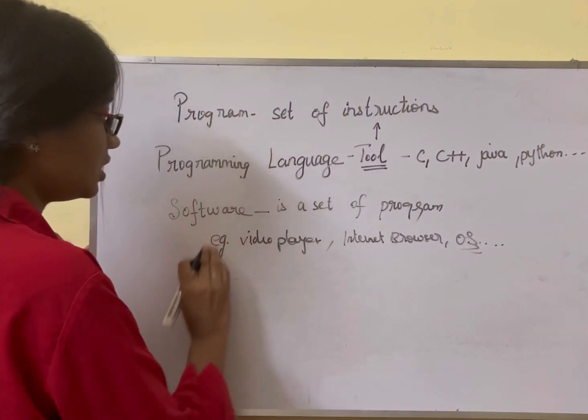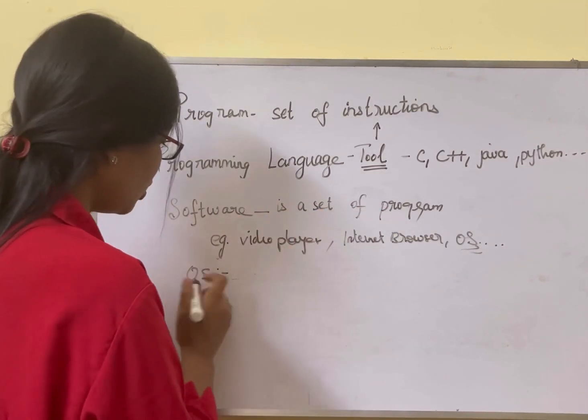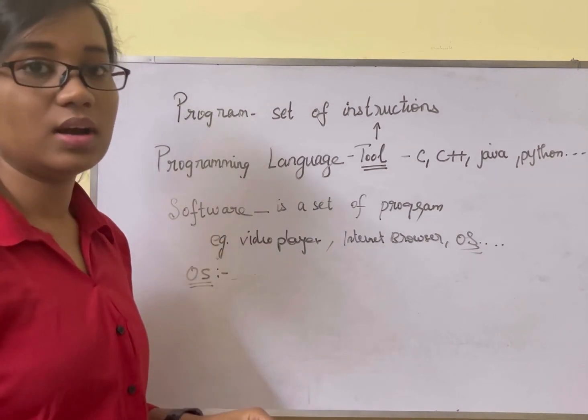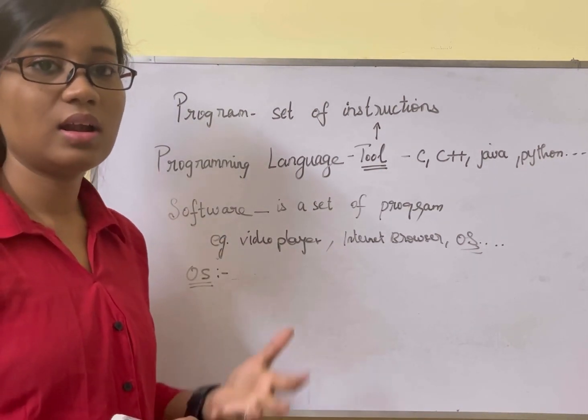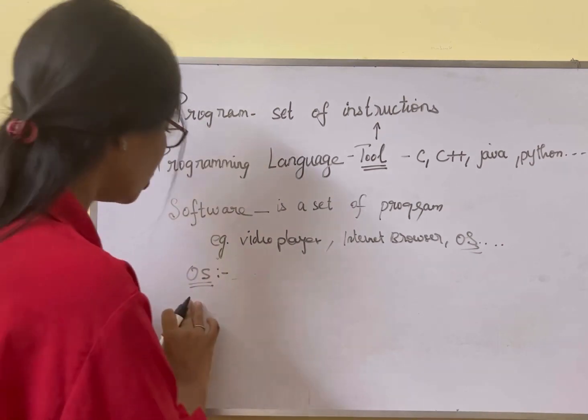Okay, what is OS? OS is one of the softwares. Softwares means set of programs, collection of programs. OS means it is one of the softwares which is preloaded in the computer to handle or manage the applications, apps in the computer.